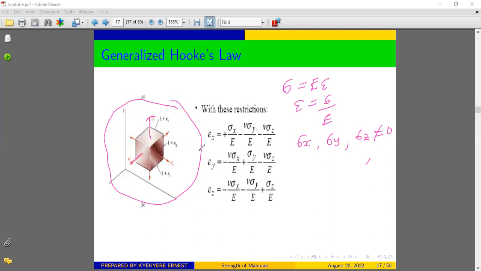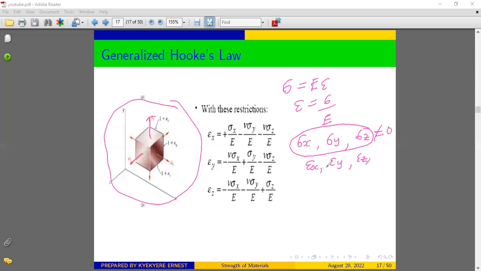So because we have stresses in all the three directions, we are going to get corresponding strains in all the three different directions. So stress in the x, strain in the x, strain in the y, and then strain in the z.